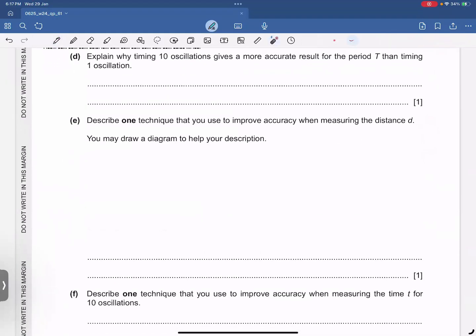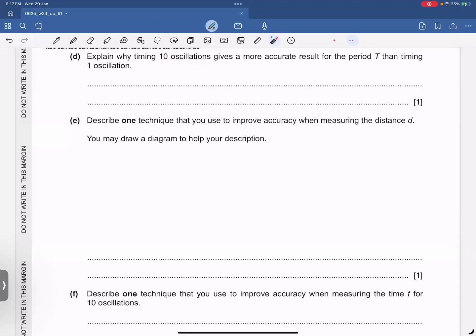Explain why timing 10 oscillations gives more accuracy rather than 1 oscillation. So it's already written, it gives more accuracy. So you can't say for greater accuracy. You have to say if you take a greater number of oscillations, it will reduce the percentage error. It will distribute the percentage error over a longer time.